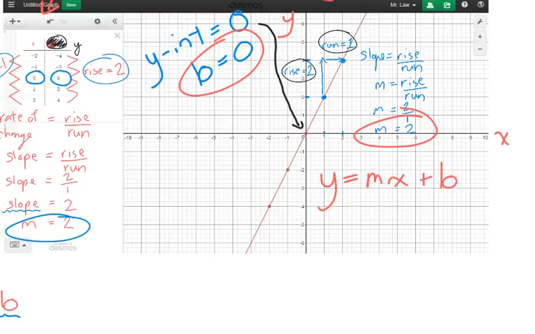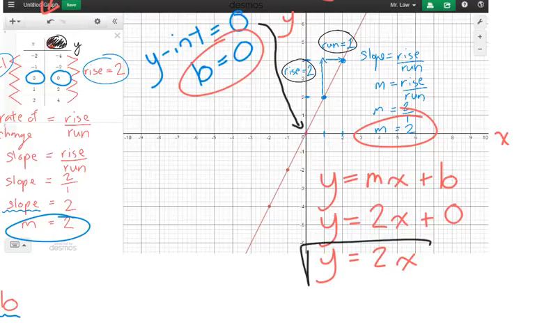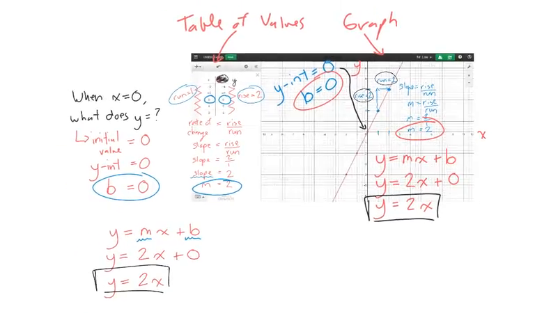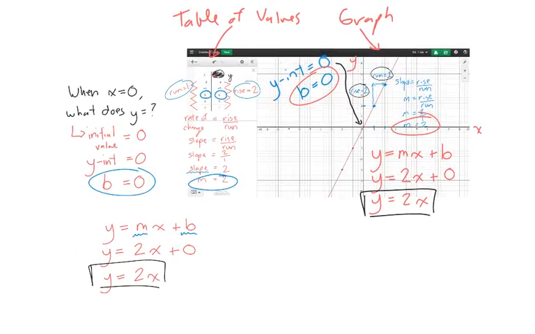We already know what m is equal to. M is equal to 2, and b is equal to 0. Again, you do not write the 0 in, so this simplifies to y equals 2x. Therefore, we get the exact same answer by using the graph and by using the table of values.